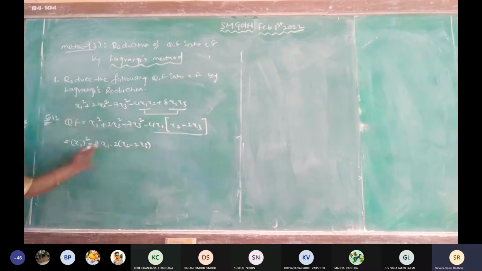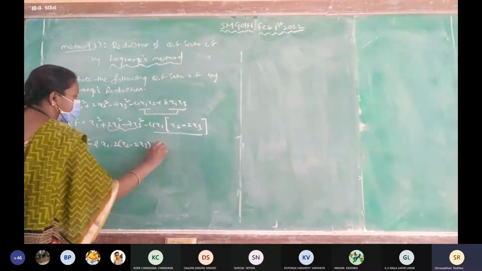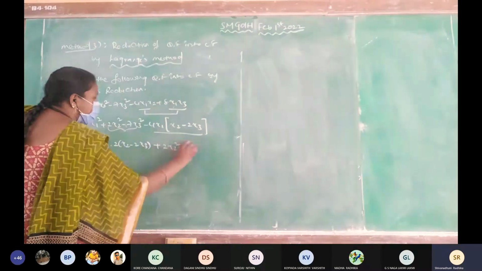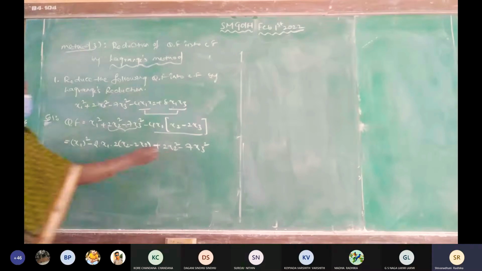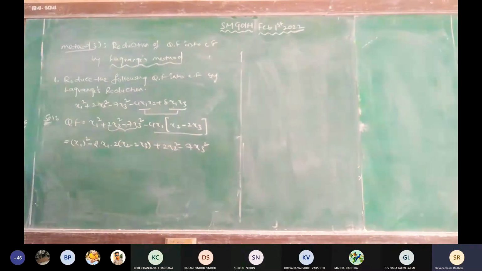Is it clear? Again, what do we get here? 4x1 into x2 minus x3. Are you clear? Yes, ma'am. Next, the remaining terms I am going to write here: plus 2x2 square minus 7x3 square. Completed. There is no change in the x2 and x3 squared terms.